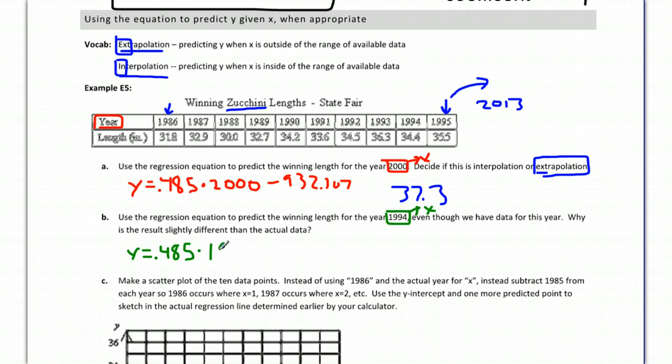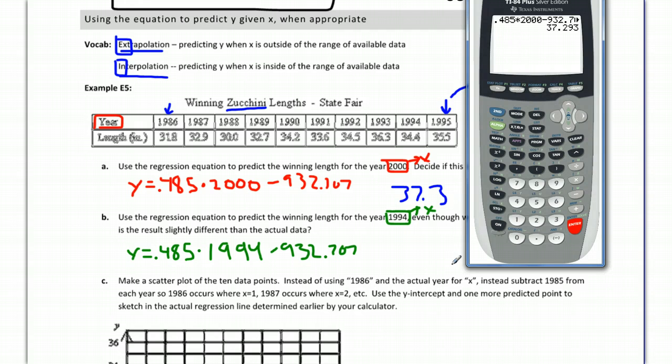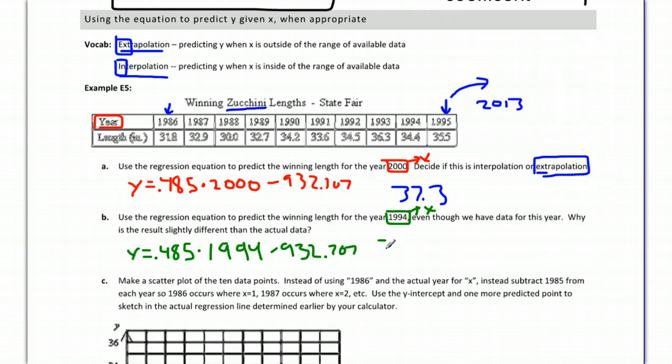So times 1994, and then we're going to subtract our y-intercept, 932.707. Get our calculator back out, same thing. 0.485 times 1994 minus 932.707. We get 34.4 is what it would round to.